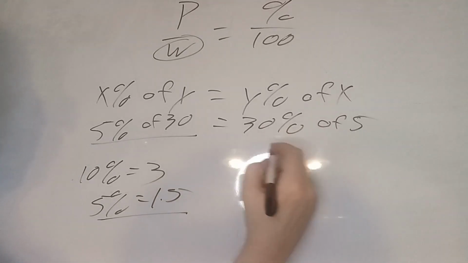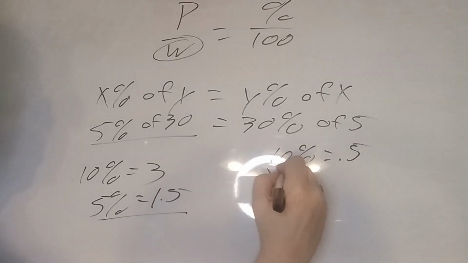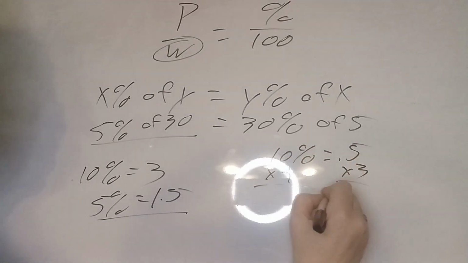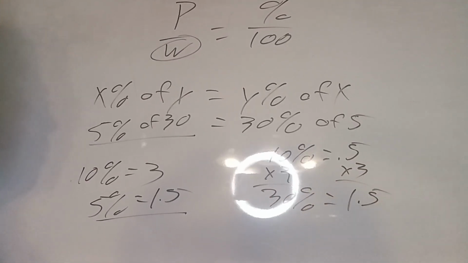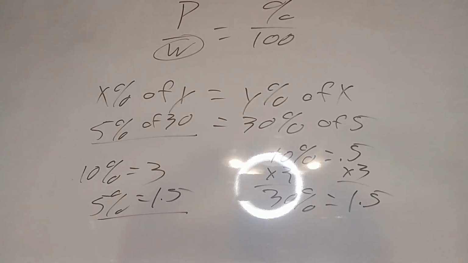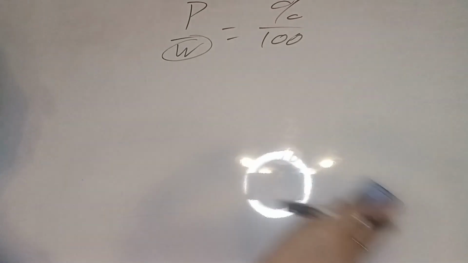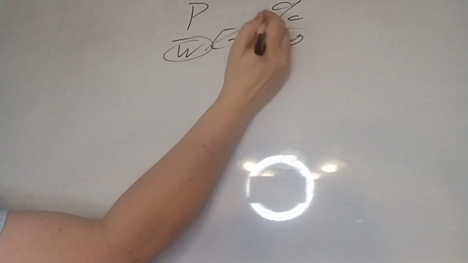Over here we have 10% is 0.5 times 3. So 30% is again 1.5. So this is a rule that works. That means if we are looking for the whole, we can swap these two and the number will be the same.